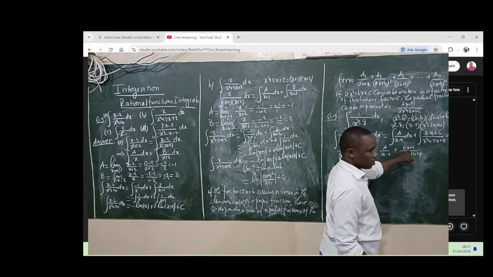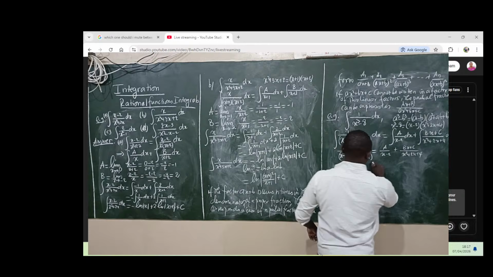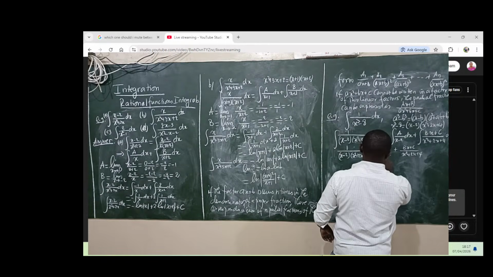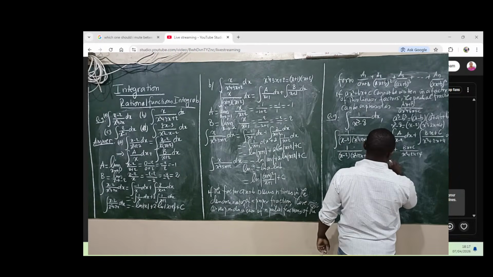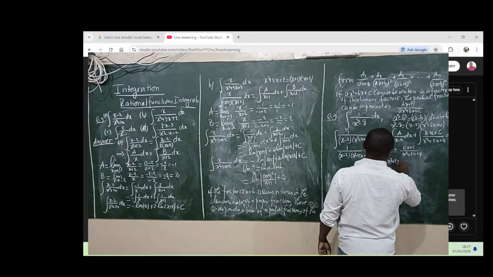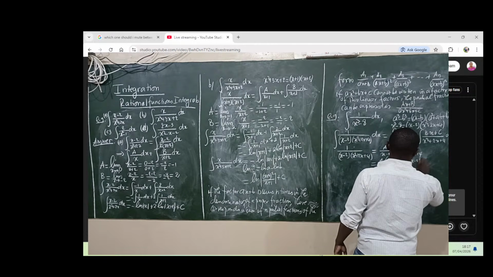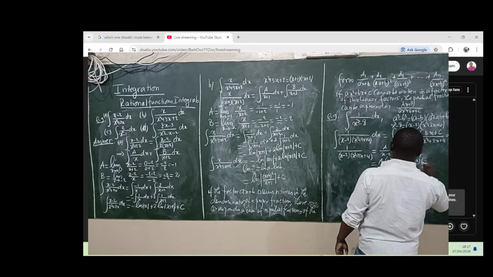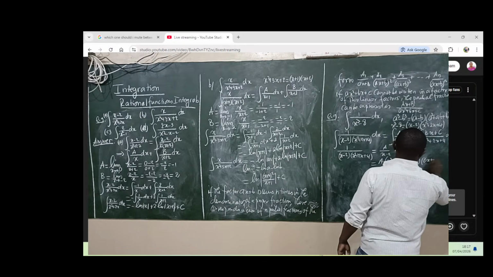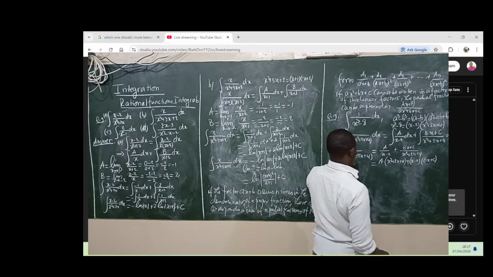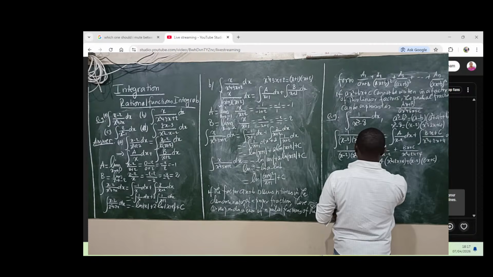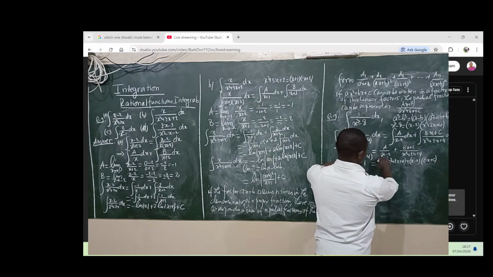Here is A into x squared plus 2x plus 4, plus we need to have x minus 2 into bx plus c. This must equal 1 because the denominator will be the same.